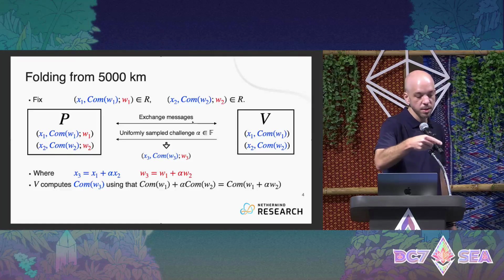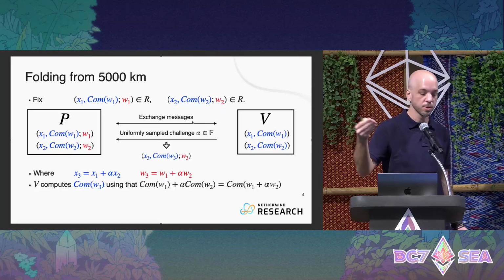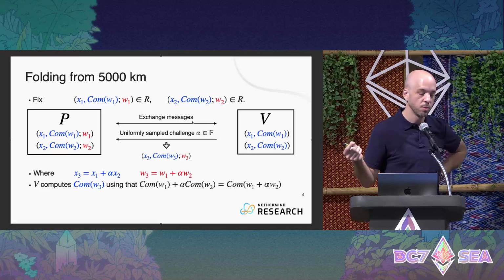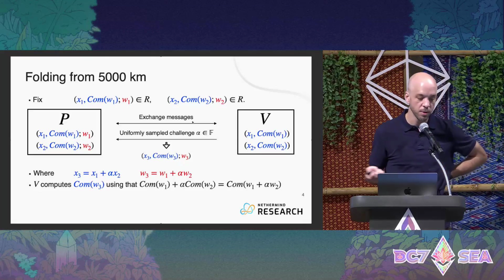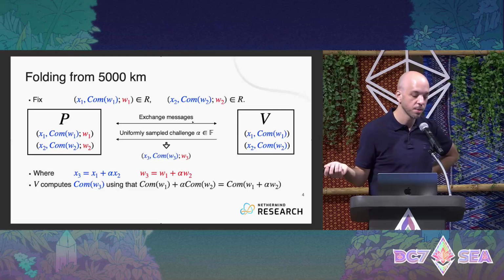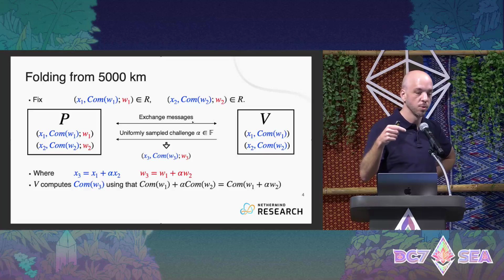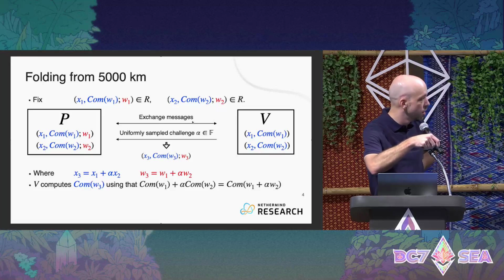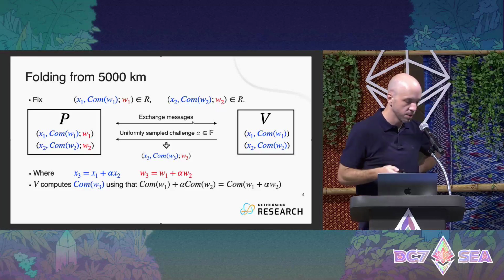It's easy for the verifier to get x3 because it knows x1 and x2. But how does the verifier get the commitment to W3? Well, here you can use the homomorphic property of the commitment scheme. The verifier knows the commitments to W1 and W2, and because of the homomorphic property, it can obtain a commitment to W3 without any interaction with the prover, just by performing this linear combination of the commitments.